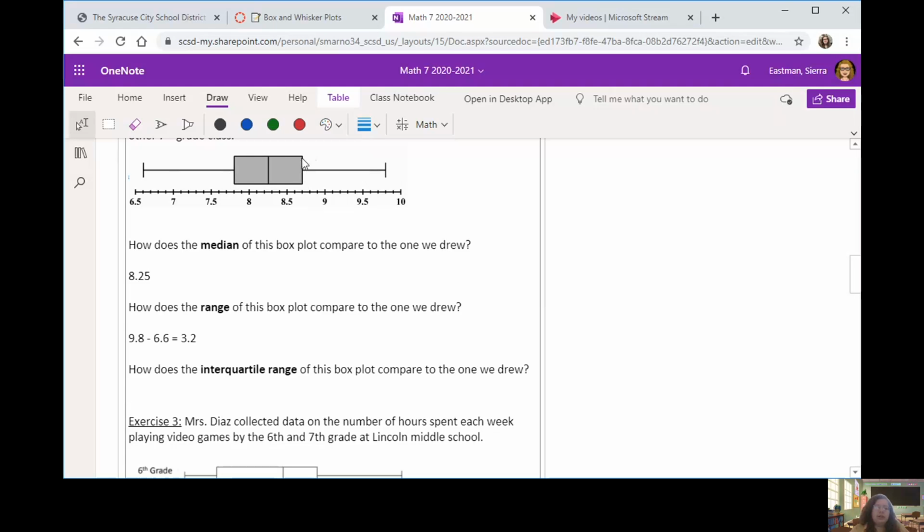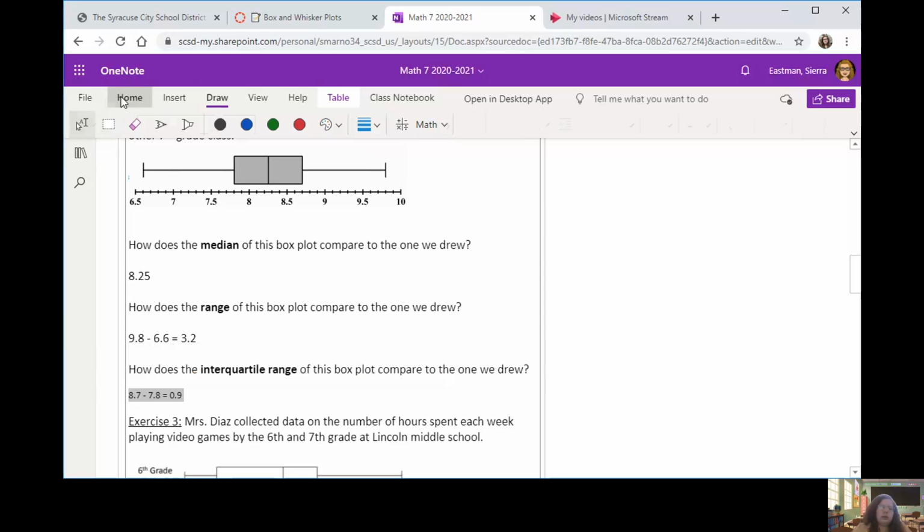So you're using that 3rd quartile number, which looks like it's 8.7, minus the 1st quartile number that created your box, which looks like it's about 7.8. And so for this one, we have about 0.9 of a difference there. That's going to be our interquartile range.